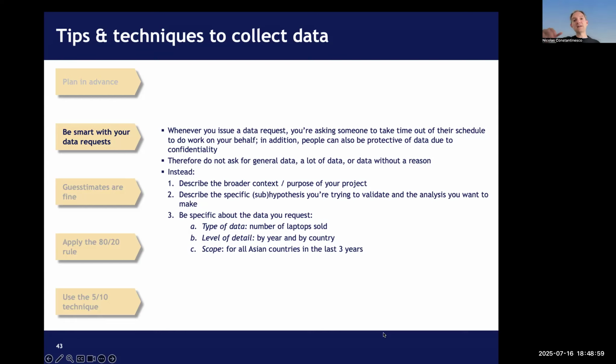So in other words, make the other person a part of the solution, turn them into a partner in helping you get this rather than simply somebody who just needs to get the data for you, right? That's something that can really help.